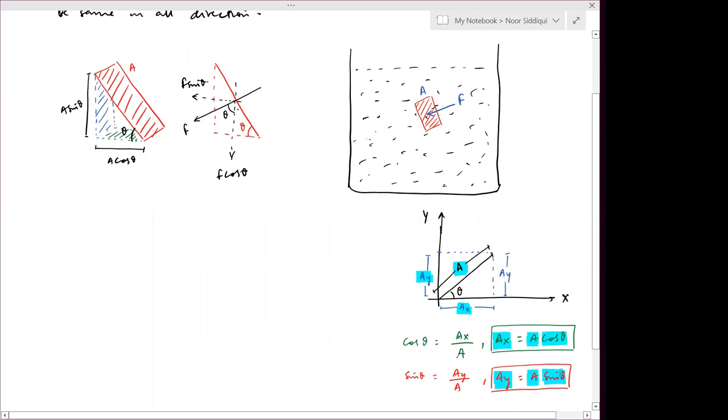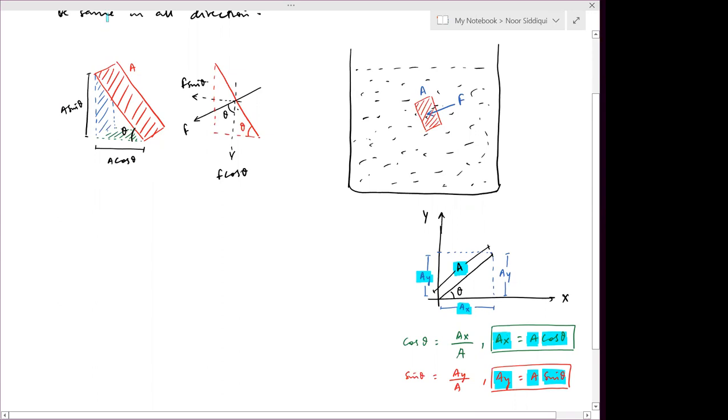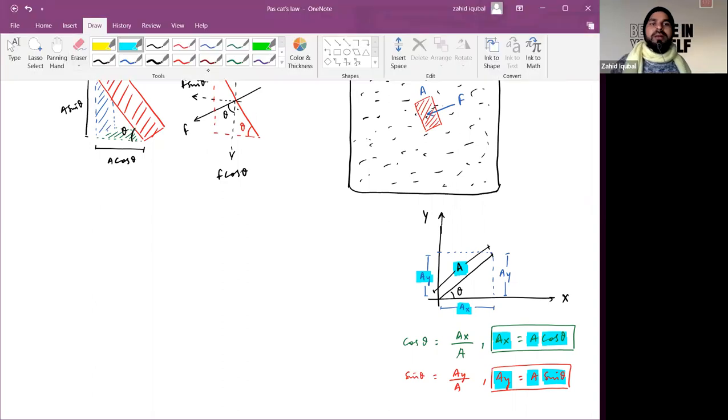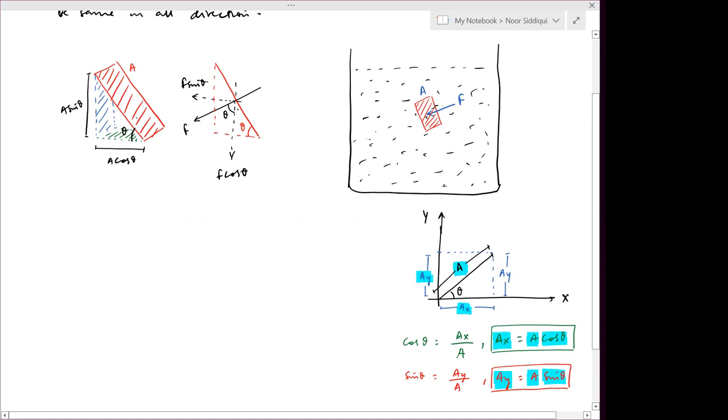Yes, sir. So in this part, I have a component A inclined at some angle theta. The component adjacent to theta must be multiplied by cos, and the component perpendicular to it will be A times sin theta. Is it clear? Yes, sir.